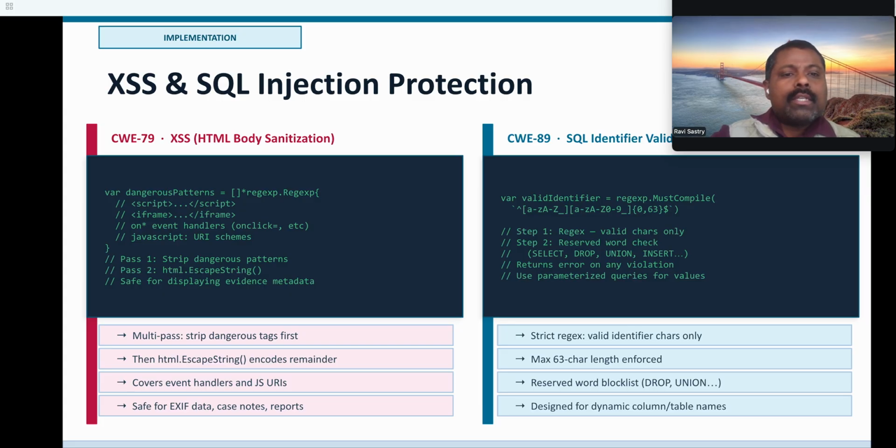Generally, if you're using a Postgres identifier, there is a limit, and a reserved word check is used to catch any injection attempts, like for example drop or union. I want to be very clear that parameterized queries are always preferred for SQL values. The SQL identifier sanitizer addresses the gap where identifier names must be dynamic.